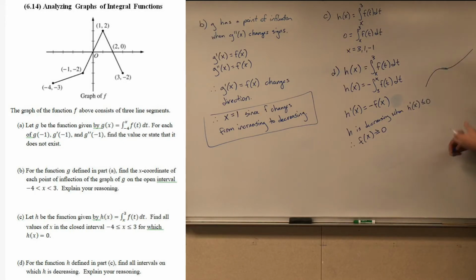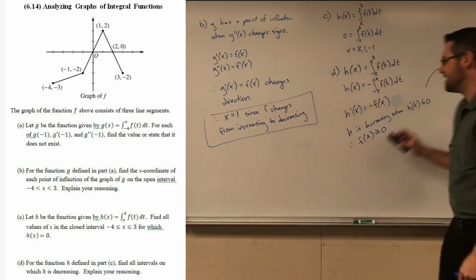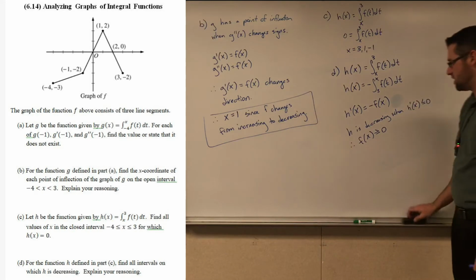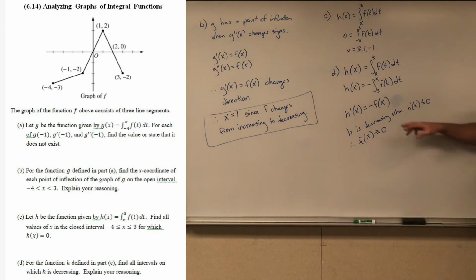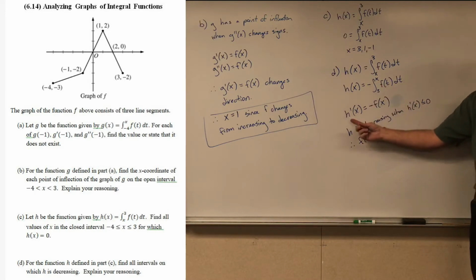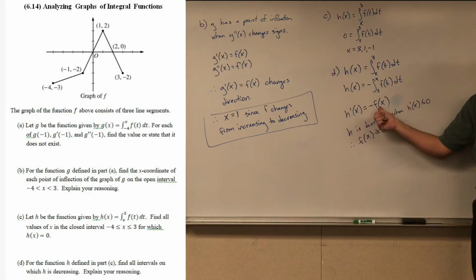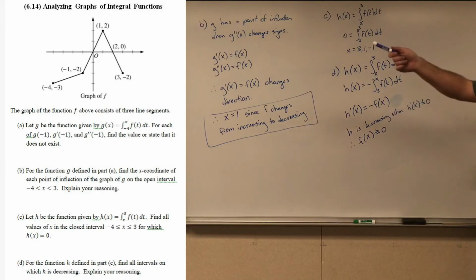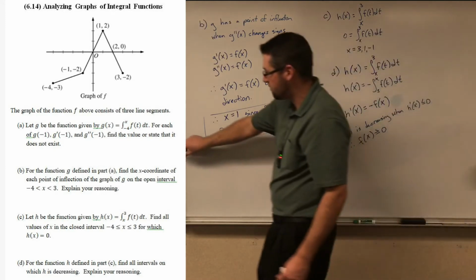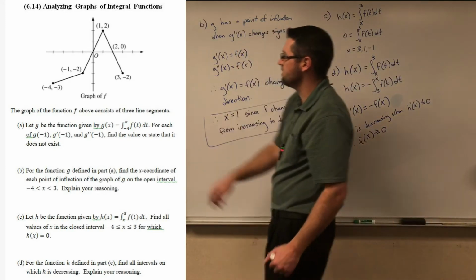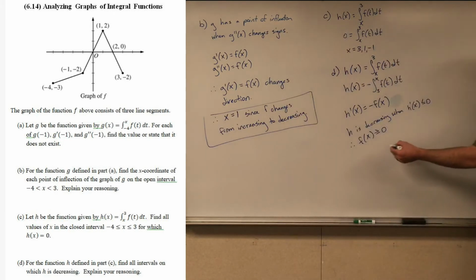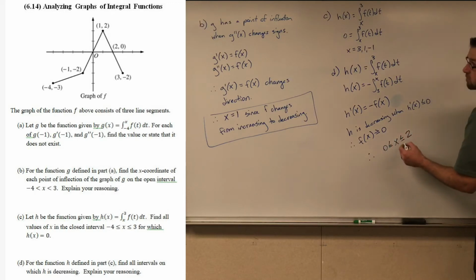The slope is 0, but technically it should be including, but you don't have to worry about it. So h is decreasing when h prime is negative. That implies that f is positive because h prime is the opposite of f, right? So when is f, because now we're looking at the graph of f, when is that positive? Therefore, from 0 is less than x is less than or equal to 2.